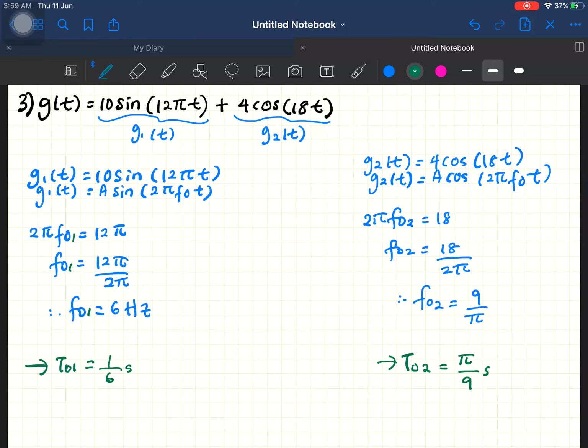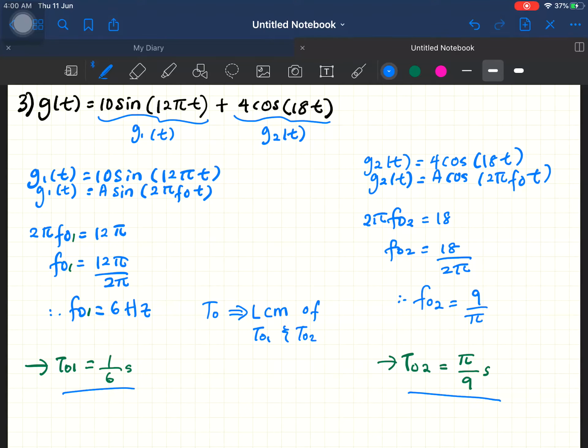Okay, so if you look at the numbers here, you have two numbers. So like I said before, in order for you to find T0, you need to apply the least common multiple of T01 and T02. Okay.